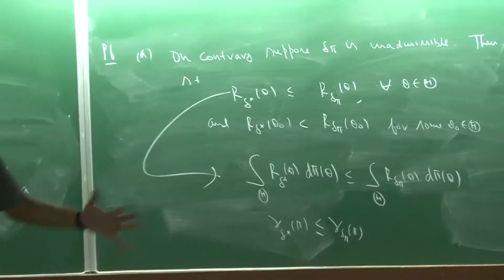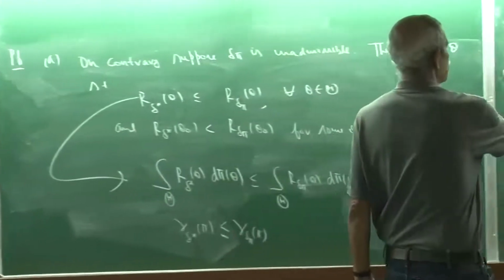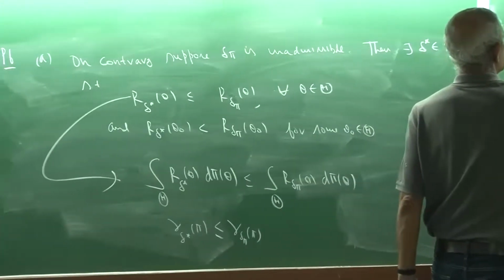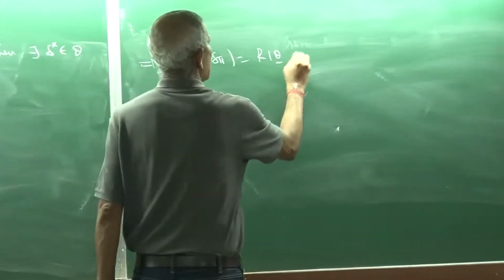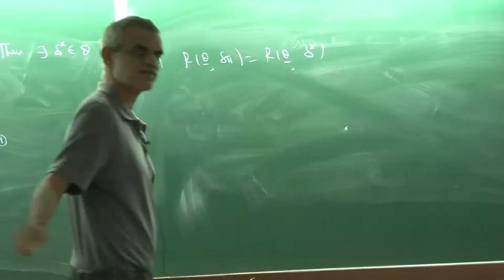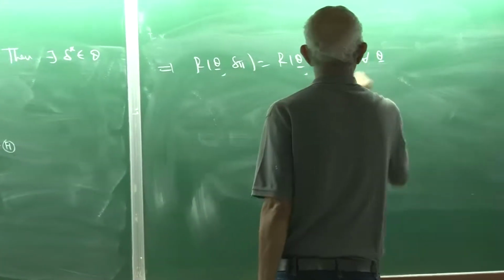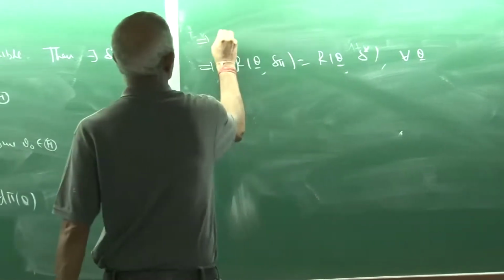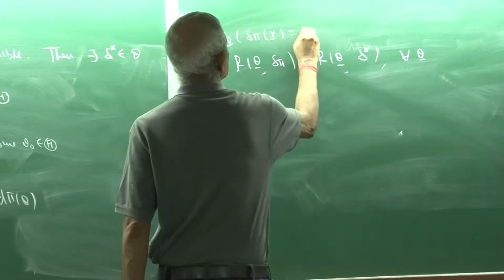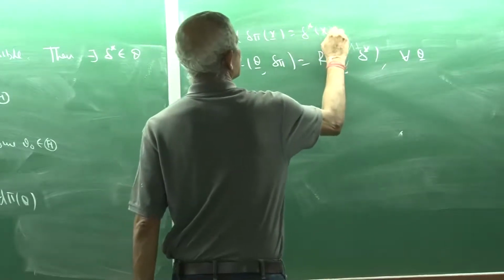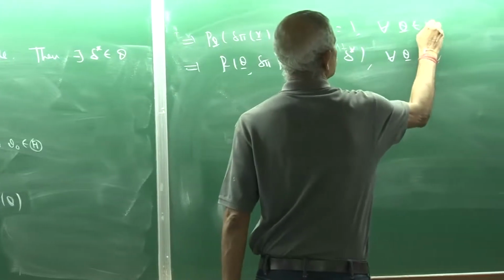If the two are the same but delta pi is unique, this would imply R(theta, delta pi) is the same as R(theta, delta star) for every theta. In fact, this implies that the probability that delta pi(X) is the same as delta star(X) is 1 for every theta belonging to theta.